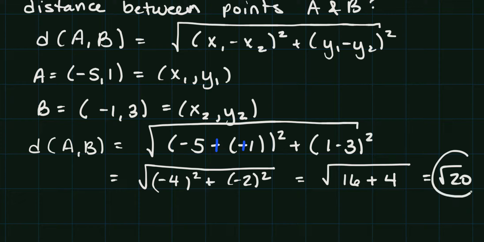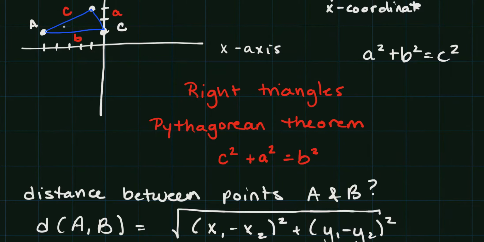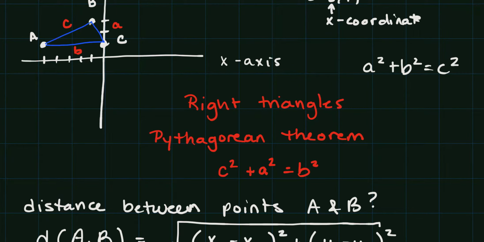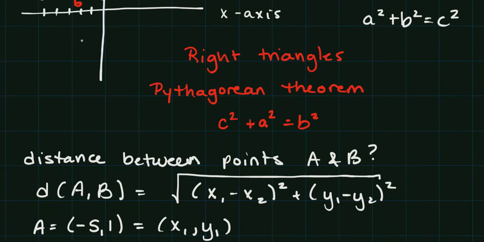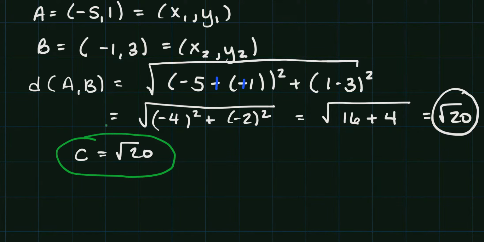I'm actually going to leave it like this for right now. So that tells us what the length of C is. So we're going to say C is equal to the square root of 20. You might even want to circle this in your notes so you know where it is.